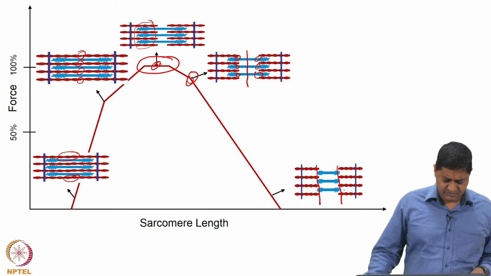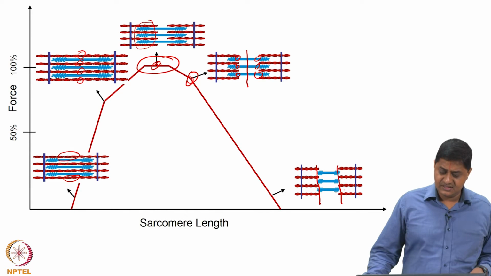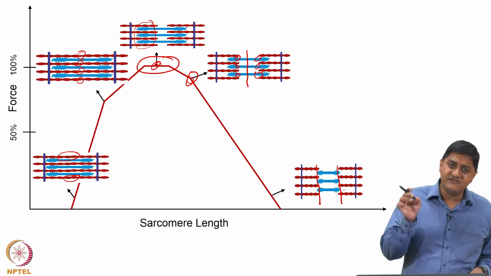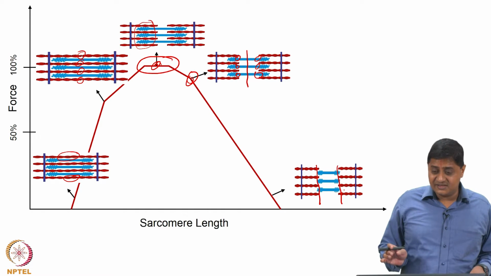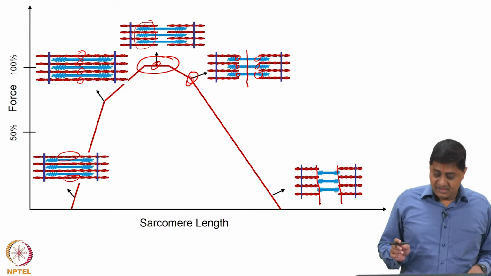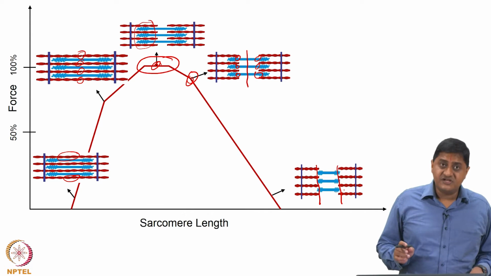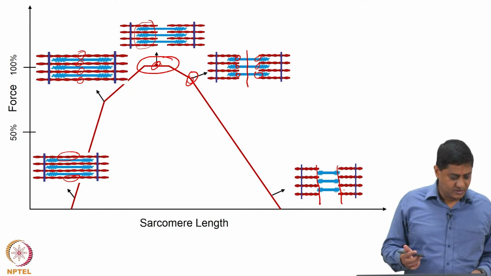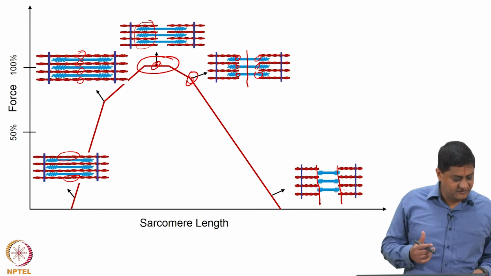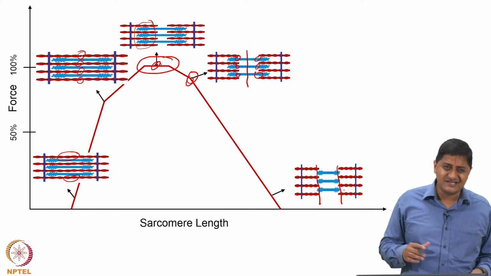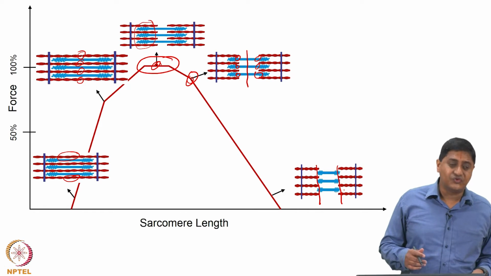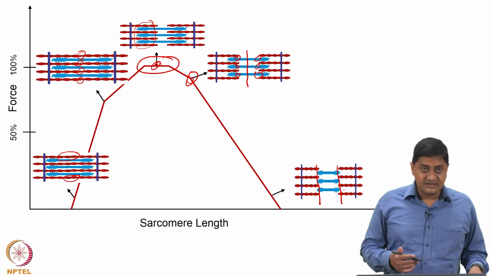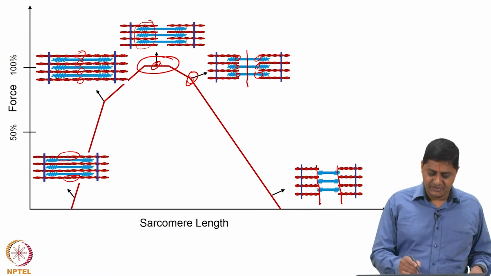So, deviations from the optimal length cause deviations in force, and this deviation in force is relatively small at small deviations in length, but as the length deviation increases, the force deviation increases much more than one would expect. So, this is minimal for small deviations, but the tension drops off much more rapidly, at a much higher slope, as the length deviates further from the optimal length.